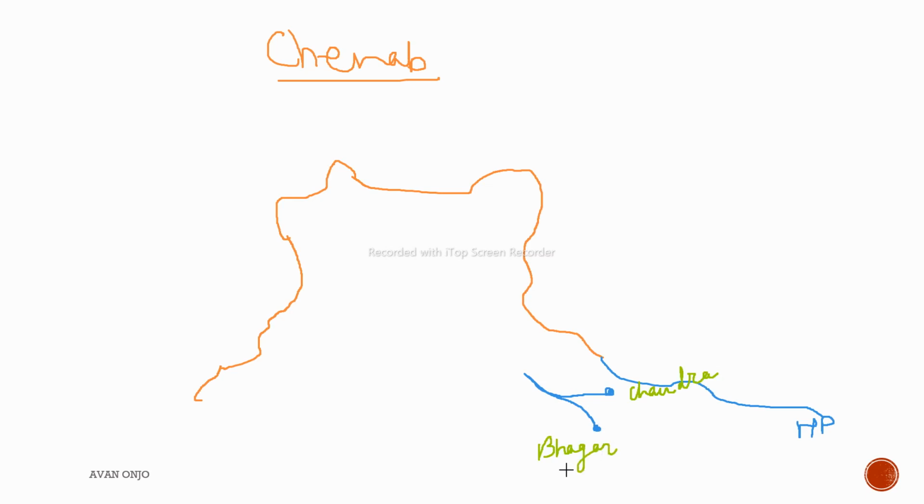Chandra and Bhaga are the two points. This is going to go like this, go to Jammu and Kashmir, flow, and then enter into the Pakistan region. So this is how Chenab is going to flow.